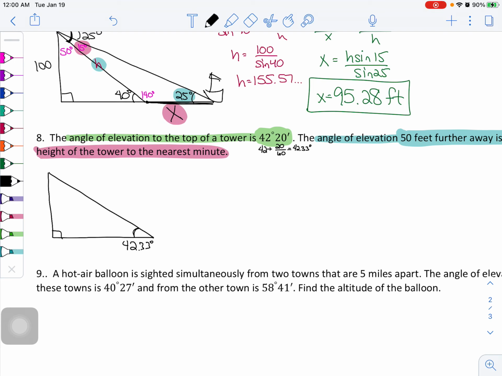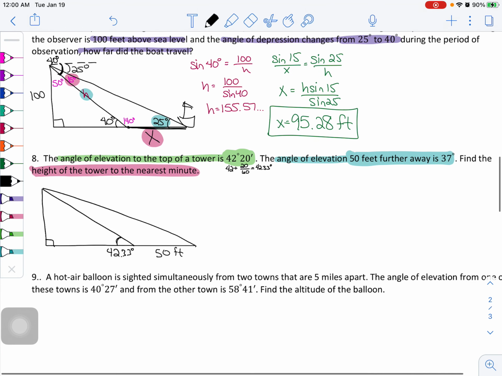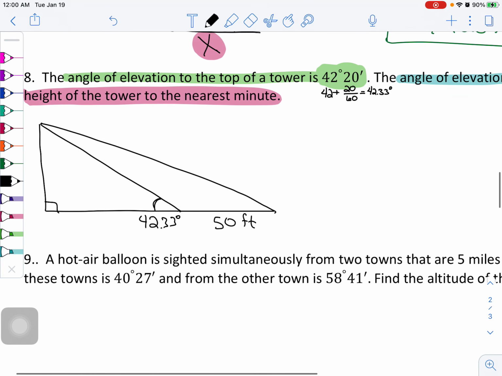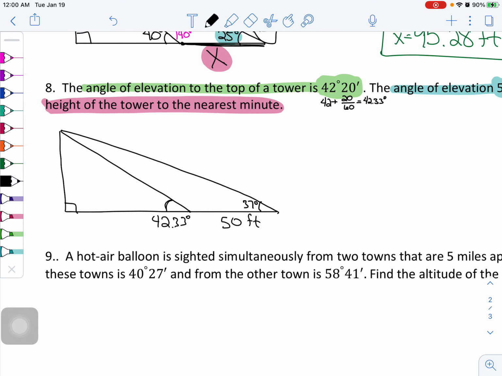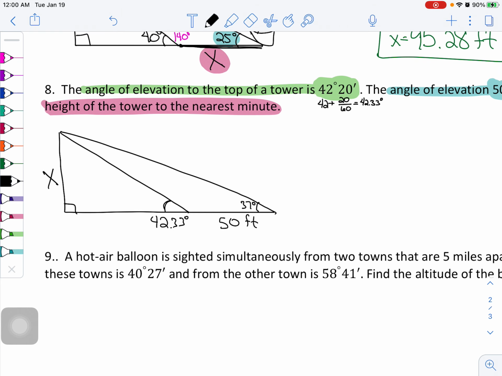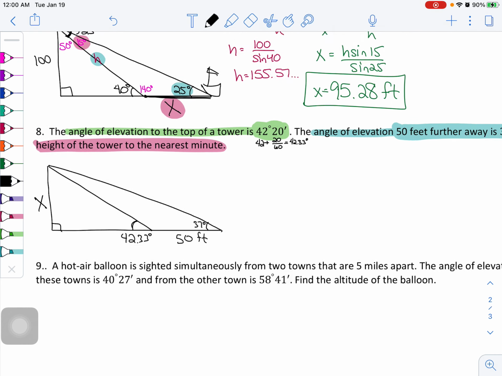If we then take this person and they back up 50 feet further from the tower, now the angle of elevation has changed to 37 degrees. So this angle is 37 degrees. Find the height of the tower to the nearest minute.